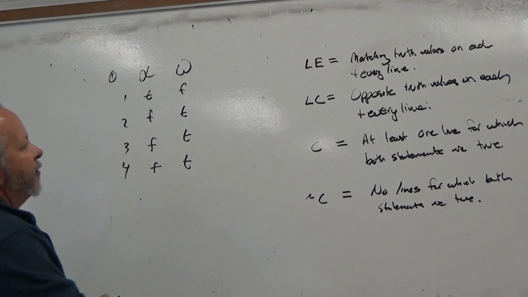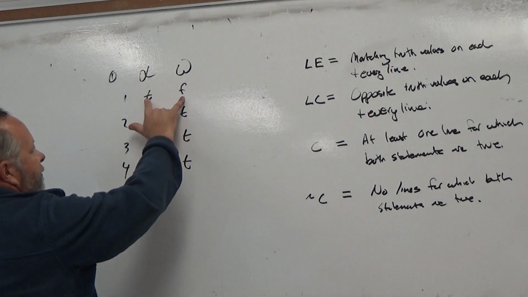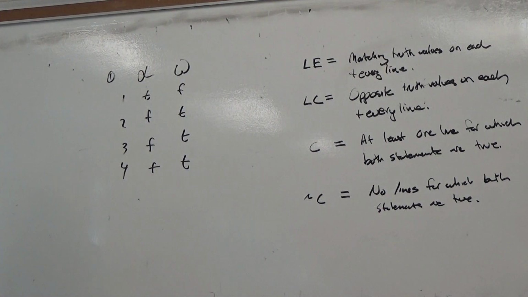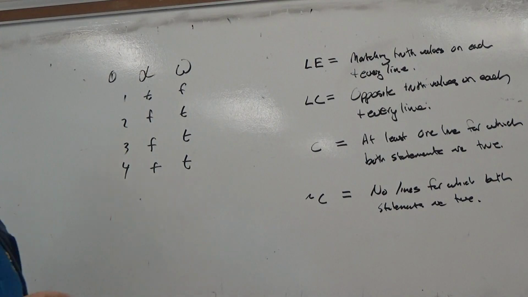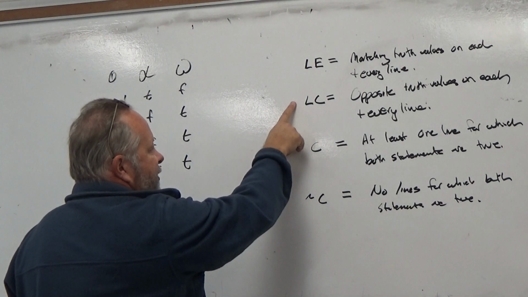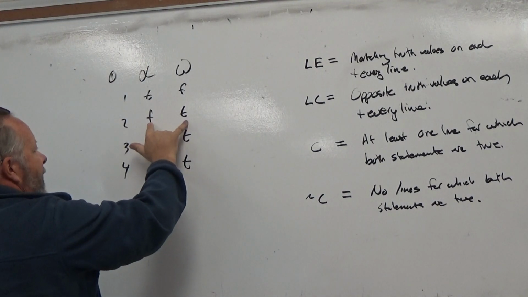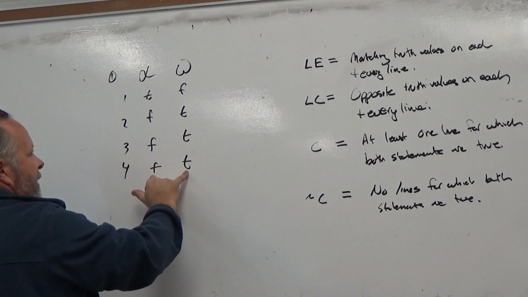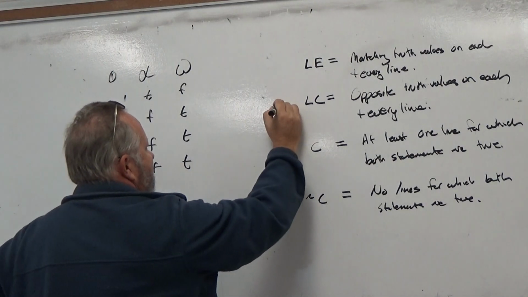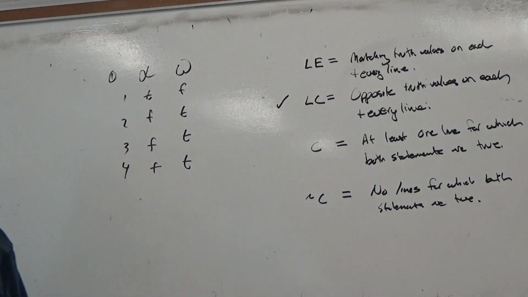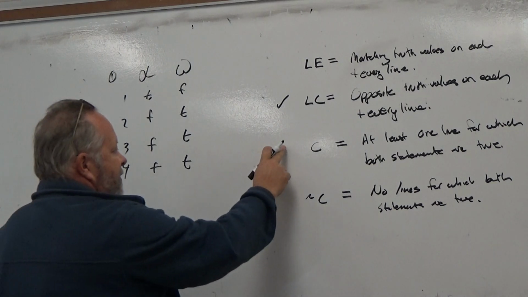Okay. Logically equivalent, do they match? No. So we're not taking that box. Everybody got that? Okay. So now I'm going to ask, logically contradictory, do they always have opposite values? Okay, opposite, opposite, opposite, opposite. So I'm going to take this box, okay? That does not mean I'm done. I still need to check consistent or inconsistent.